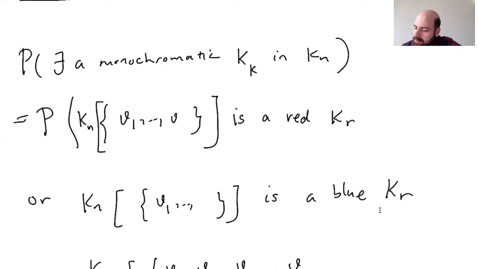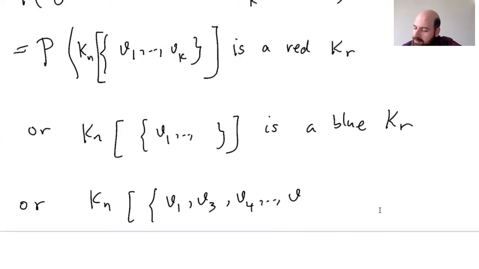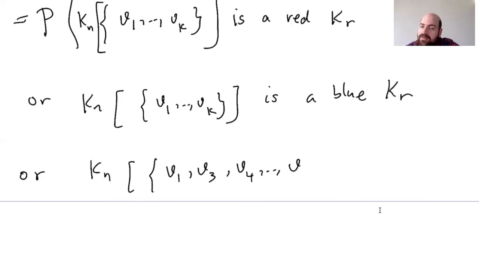Another thing is that I can have V1, skip V2, and go all the way to K plus 1. So this can be a red KK or blue KK.